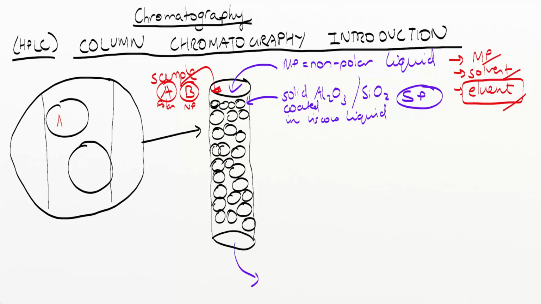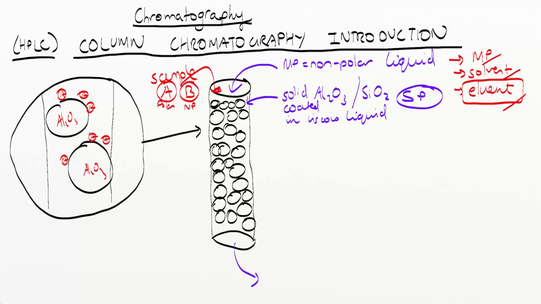So therefore, let's say this is alumina inside the tube. When I get this sample and I stick it in, what's going to happen is that most of the polar A is going to be stuck and spend the majority of its time stuck onto the surface of the polar alumina, because remember, like dissolves like.